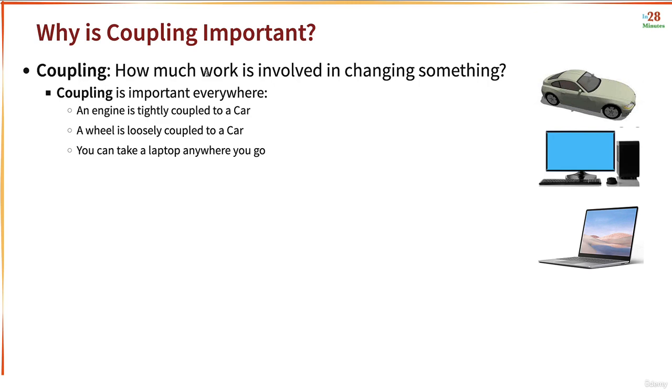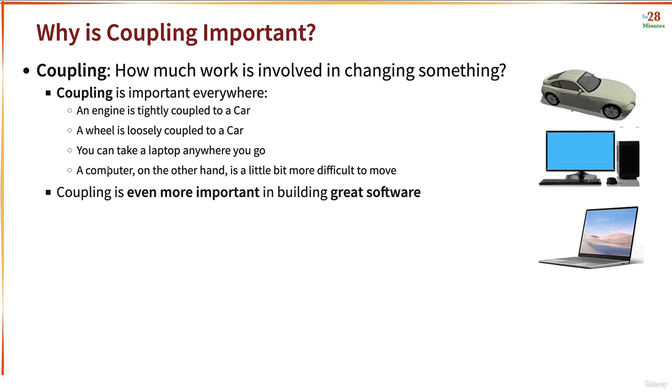Another good example is laptop versus a computer. You can take a laptop anywhere you go. It is not tightly coupled to a specific place. However, a desktop computer on the other hand is a little bit more difficult to move. Coupling is even more important in building great software. The only thing that is constant in technology is change. Everything changes.